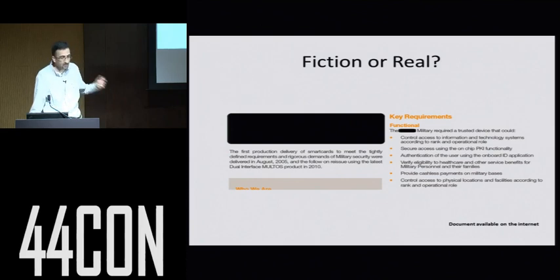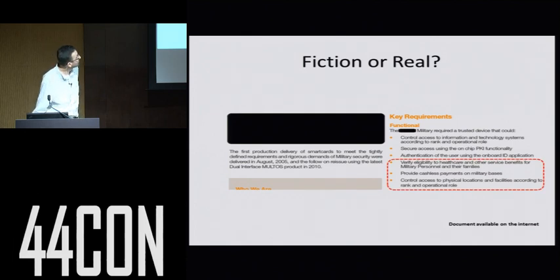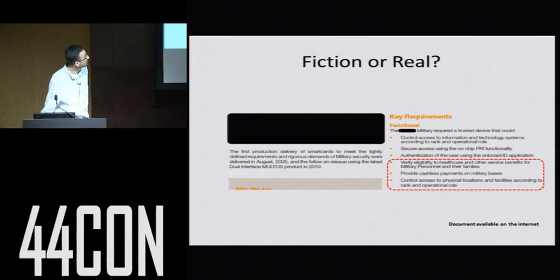Well, you might argue this might be fictional, but this is a document from a vendor's website, MaltOS card, which explains a project they did in 2005 for a NATO member military. The interesting thing is that the access control application for physical locations sits on the same card as the cashless payment application and the health insurance.